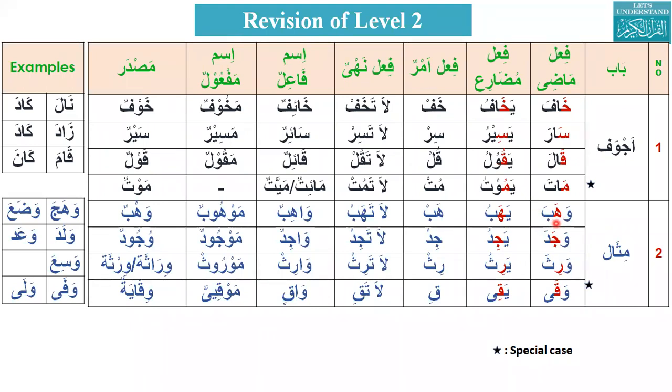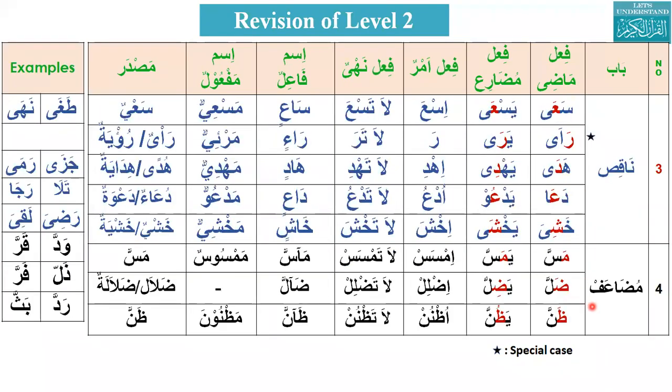And if it is he granted him, Wahabahu; he granted them, Wahabahum; he granted you, Wahabaka; he granted you all, Wahabakum. And Wahabna means we granted, and Wahabana, he granted us.